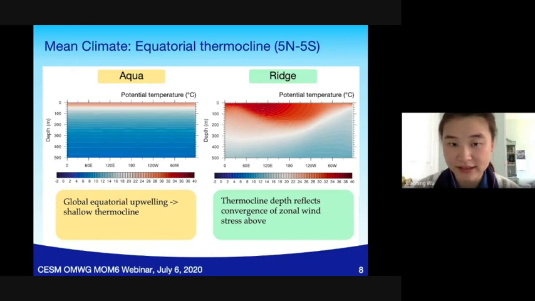Looking in the vertical at the equatorial thermocline, we see that on Aqua, the global equatorial upwelling corresponds to a really shallow thermocline in the equatorial region, whereas on Ridge, there is a very sharp contrast. Due to the presence of the western boundary, we see a thermocline that's more Earth-like, and again the depth of that thermocline reflects the convergence of the zonal wind above.